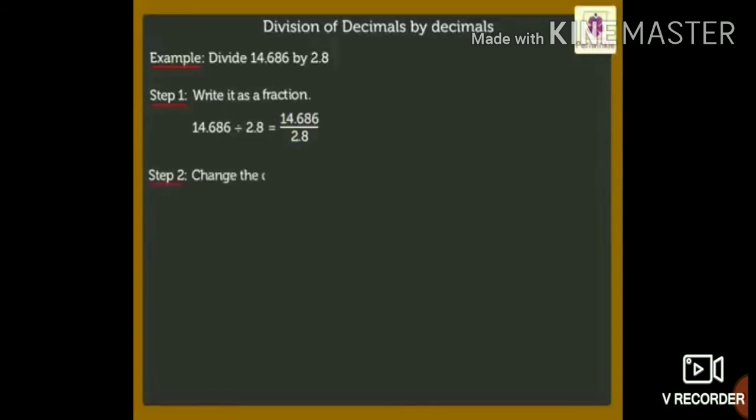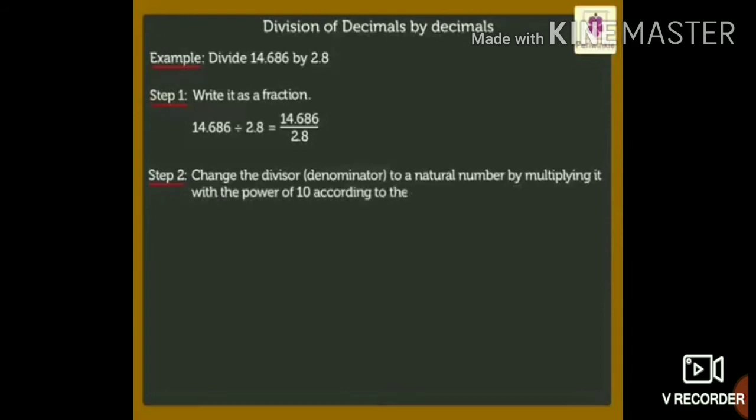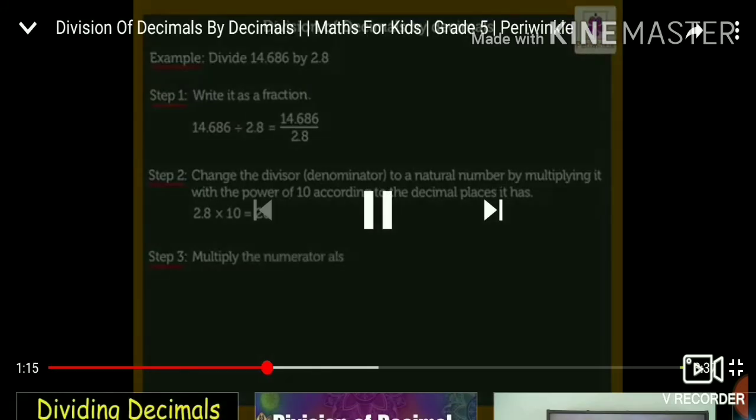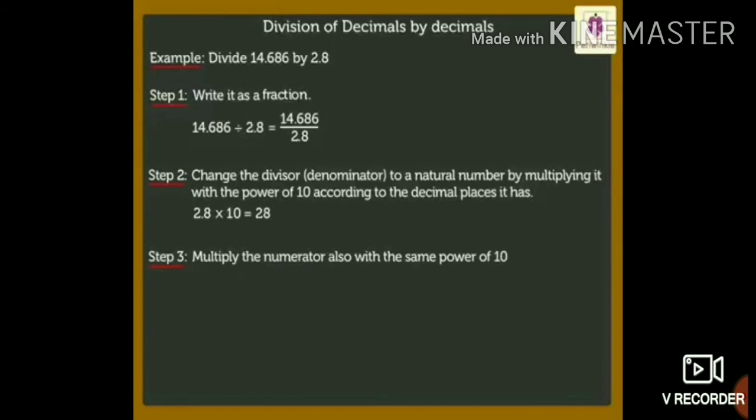After that, change the divisor, which is in the denominator, into a natural number by multiplying with a power of 10. Not always 10; it depends on the decimal present in the denominator. So 2.8 multiplied by 10 becomes 28. Now it is very easy to divide the decimals.